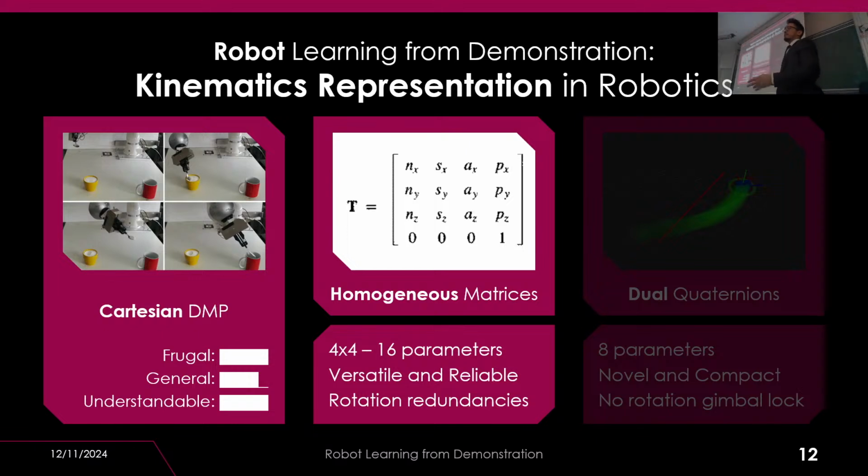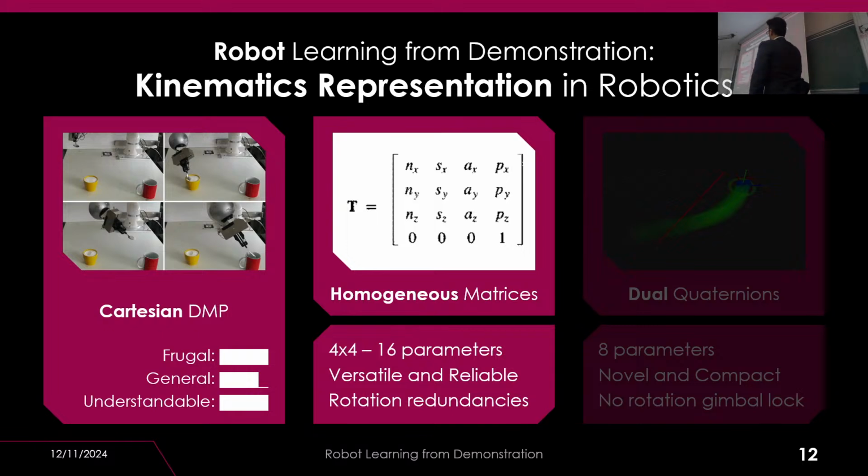We've been using them for the past 60 years or so in robotics, and although they are very easy to understand and use and implement, the rotation redundancies within the rotation matrix are not necessarily fit for our purposes of frugality. Why? Well, we're dealing with 9 parameters which define only 3 degrees of freedom.